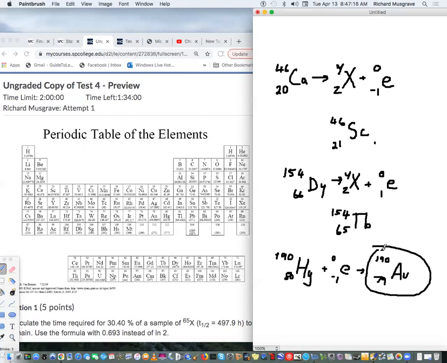So even the word capture is suggesting that it's not an electron that ends up being released, it's an electron that ends up being absorbed into the nucleus. Now, one thing I haven't covered yet, but I will cover pretty soon, is why certain things undergo beta emission and certain things undergo positron emission and certain things undergo electron capture.